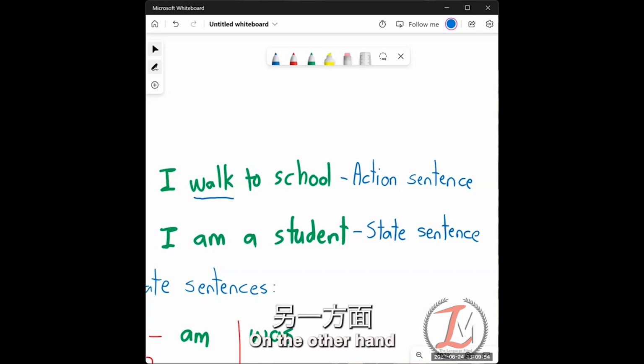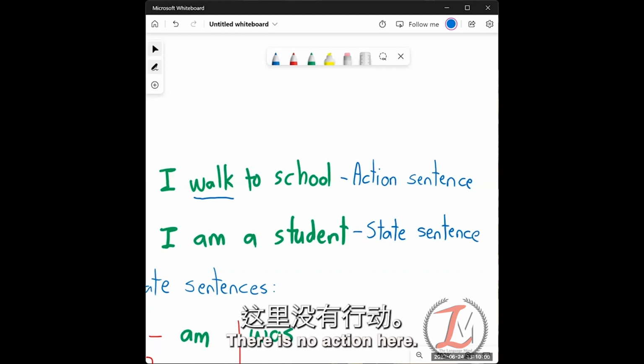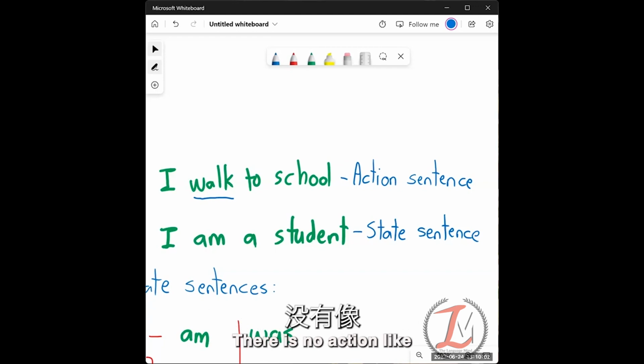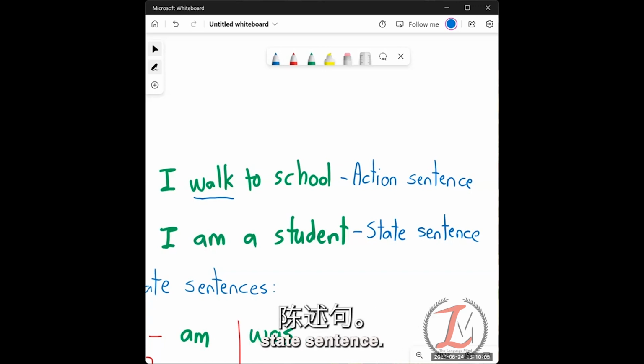State sentences, on the other hand, don't have any action there. So I am a student. There is no action here. You cannot do anything with your body. So this, we call it a state sentence, because there is no action here. We are talking about a particular state.